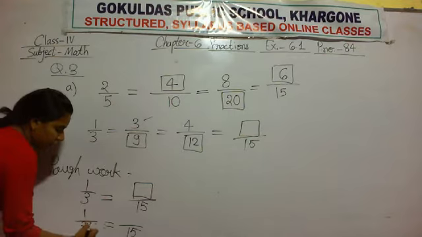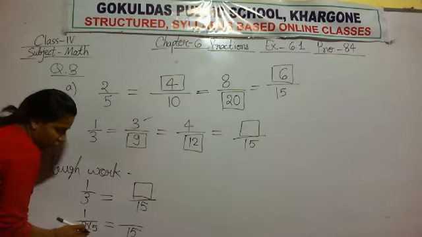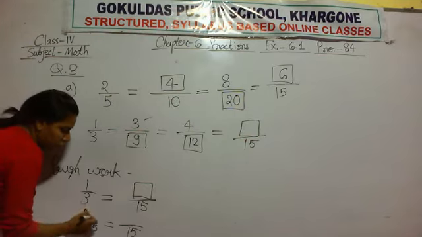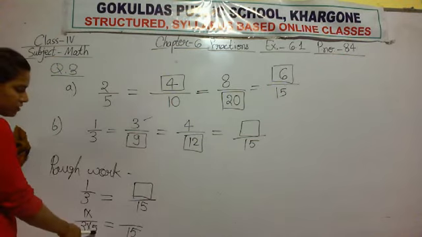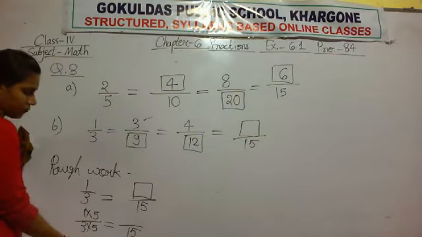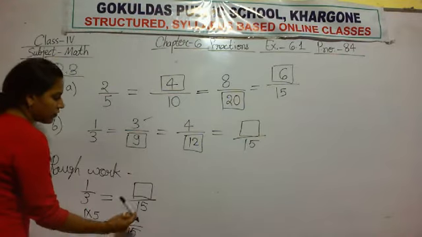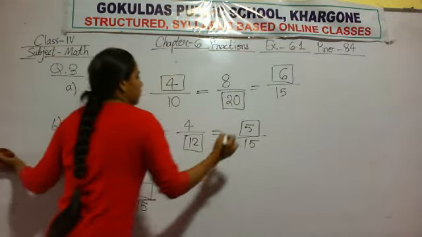If you multiply 5, 3 into 5 is equal to 15. If you are using the multiplication operation, in the numerator part also you will use multiplication. The same digit you will multiply in the numerator also. So 1 into 5 is 5. What will come here? 5 will come here.